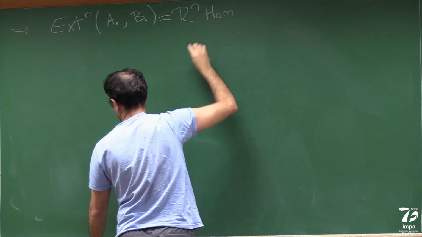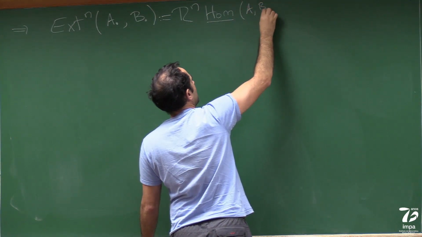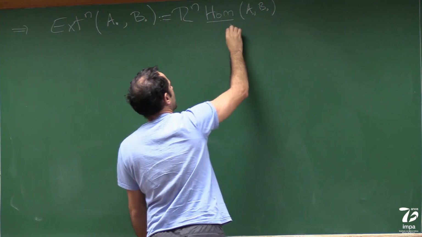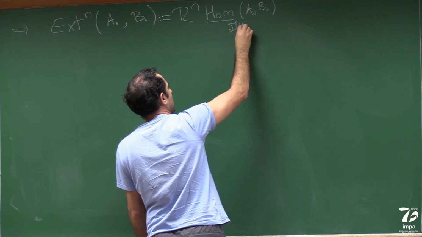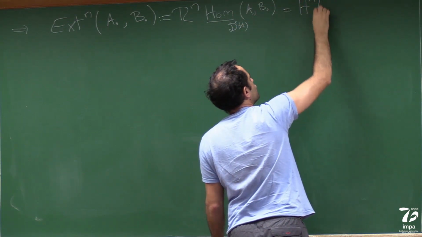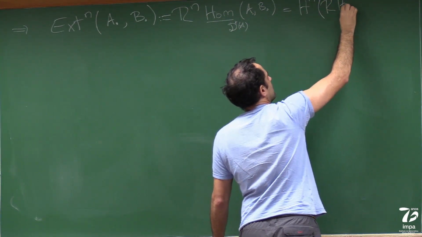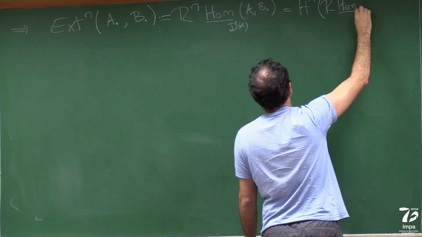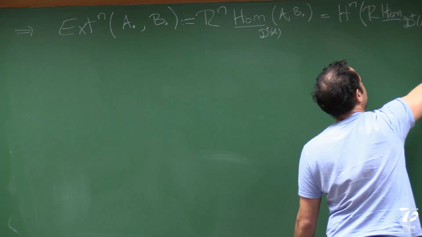So I take the Hom(A, B). This, by definition, is the degree n homology of the derived functor to that Hom, in D^+(A)(A, B).